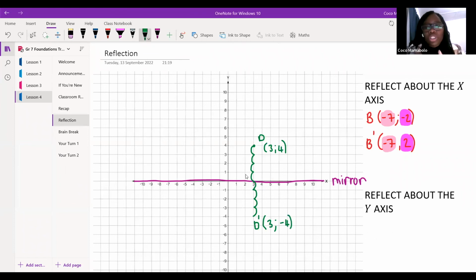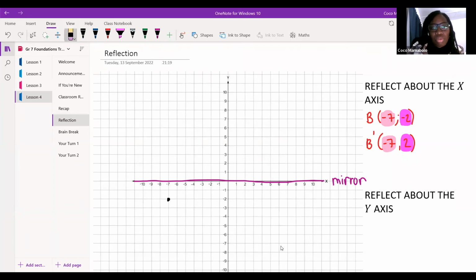All right. I'm going to give you guys one more, and I want you guys to give me the coordinates for D prime, please. We're still going to use X as my mirror. Okay. Here is my new coordinate. My new coordinate is down here. Oh, no, I just used that one. Let's use another one. And there. This is E. And I want you guys to tell me what E prime is.